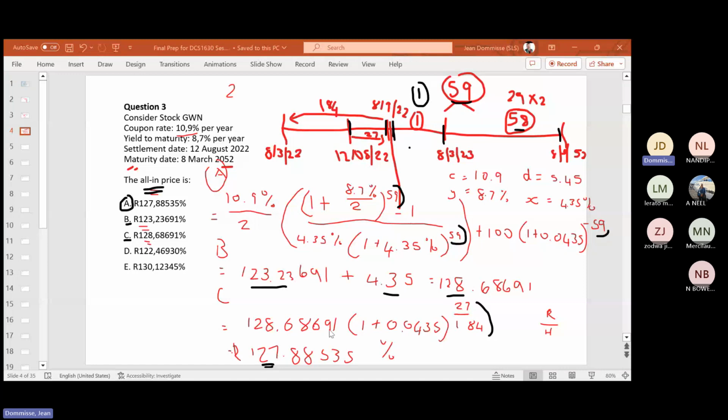Okay, and then where do we get the 27? That is from 12 August up until 8 September, which will be 27 days. How you get that is to go to the table of counting days. Look at 8 September with that value and subtract the value of 12 August, and you will get 27.